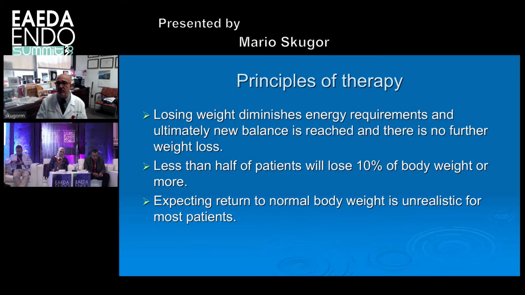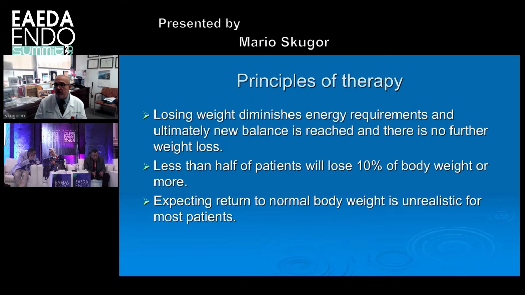You're not going to keep losing weight forever like many people expect. With lifestyle measures, it's very hard to lose a significant amount of weight. Less than half of the patients in intense lifestyle programs will lose 10% of body weight or more. And if they stop, the weight tends to return.